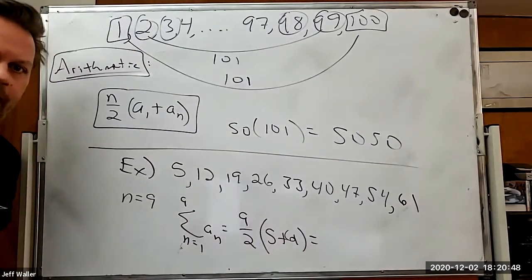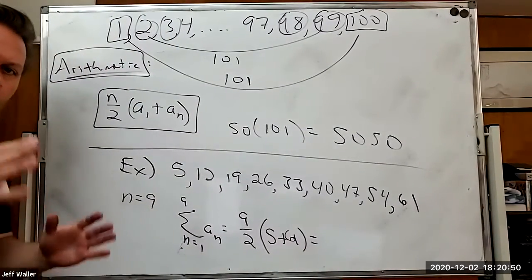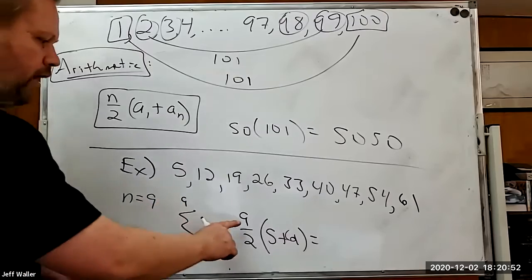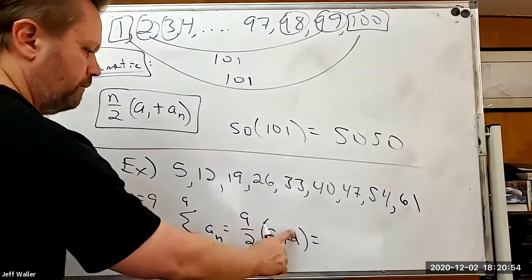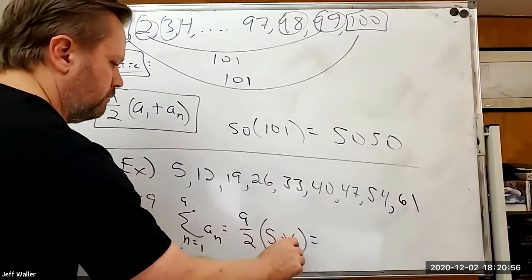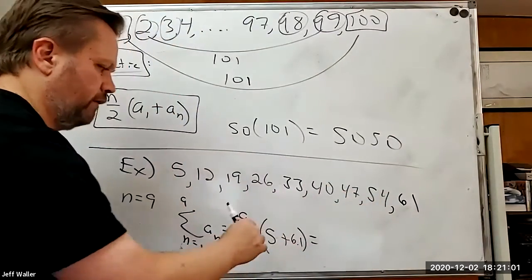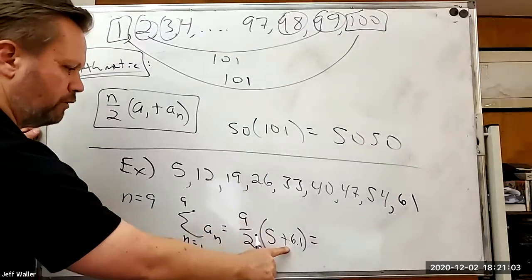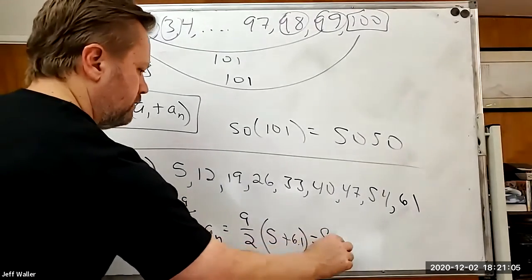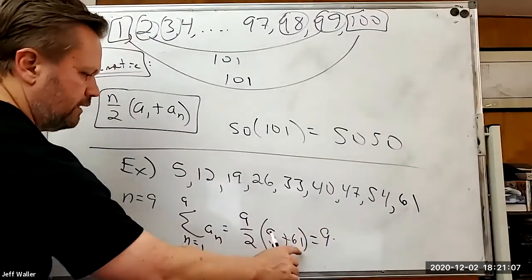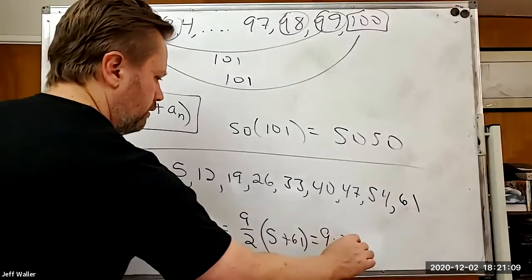Do you guys notice what happens? This will always happen. As long as I don't have fractions or decimals in my sequence itself, if that's not even, that will be. So this is 9 times 66 divided by 2, which is 33.